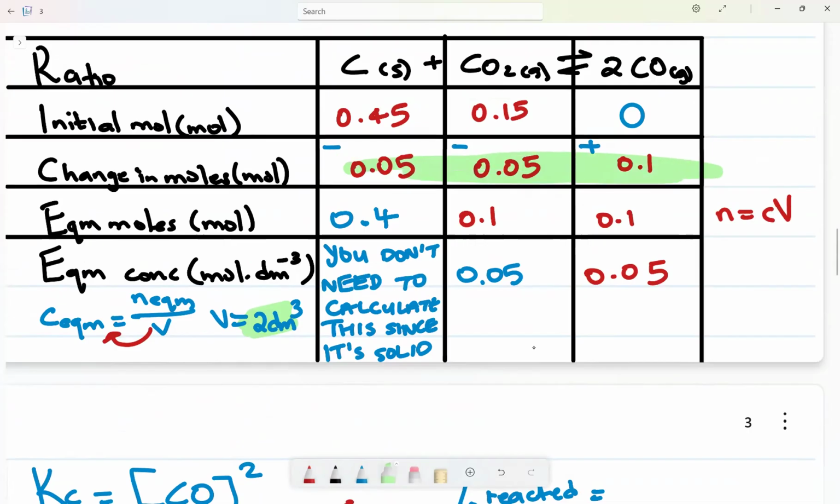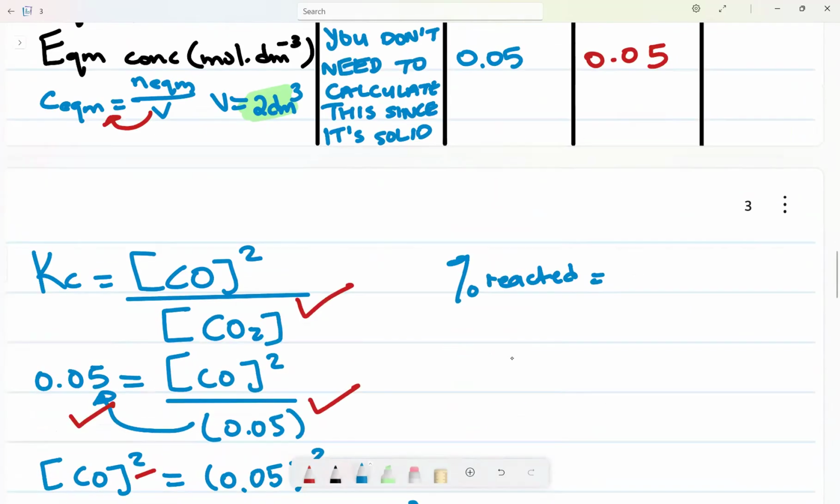The change is the one that has reacted. So now we're going to say number of moles of carbon that has reacted, divided by number of moles which are initial, then I multiply that by 100.